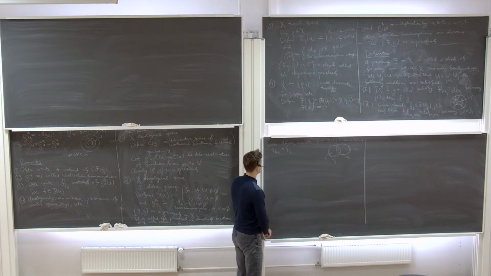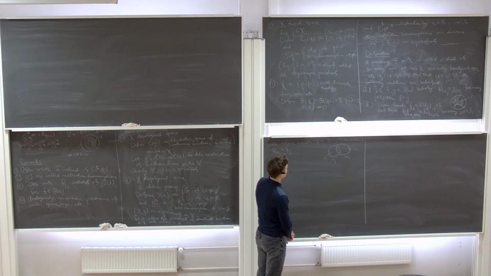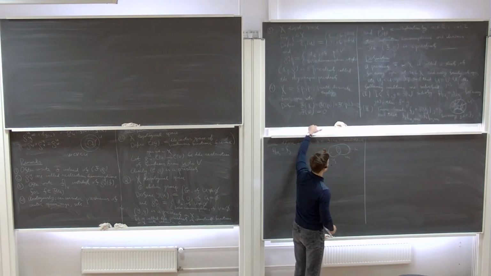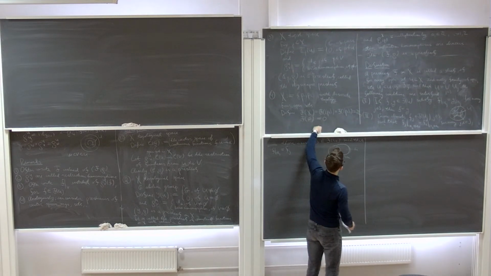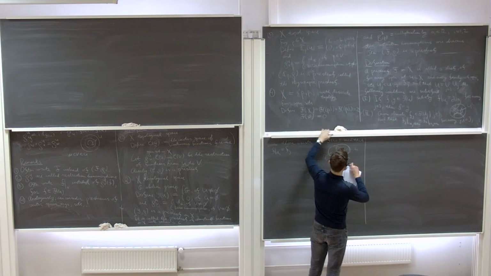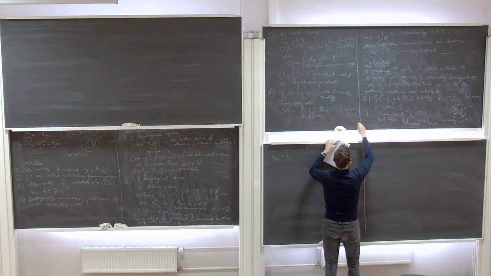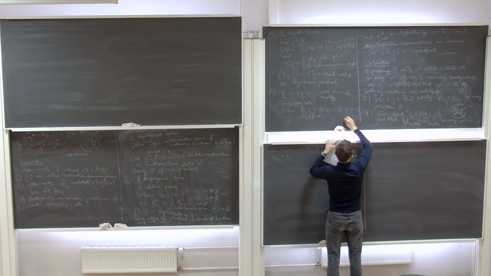The precise property is the following. These properties we will call sheaf axioms.